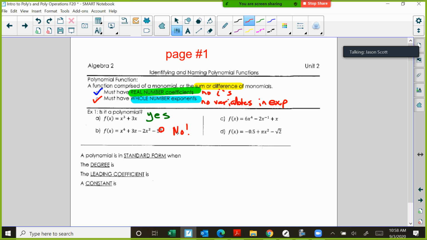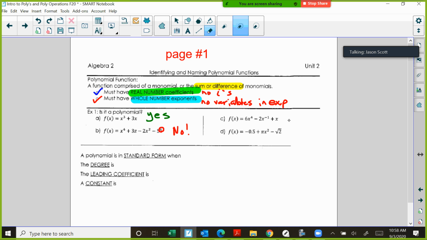All right, as we move on to C, do you have real number coefficients? Yes, we do. 6, -2, 1, those are all real numbers. Okay? Do you have whole number exponents?